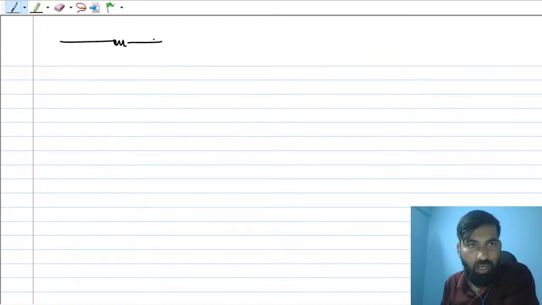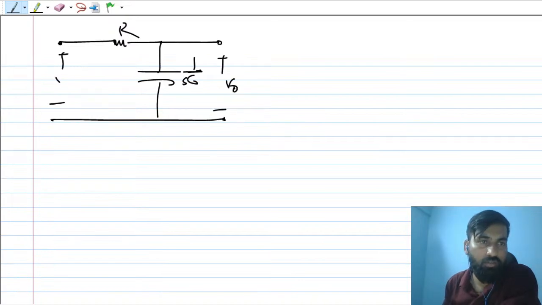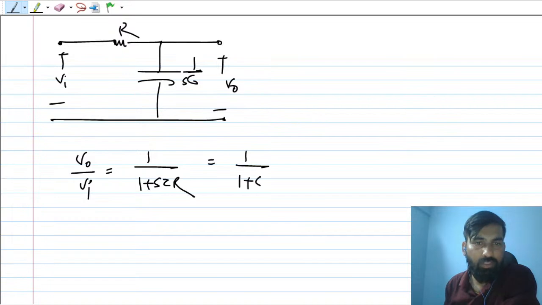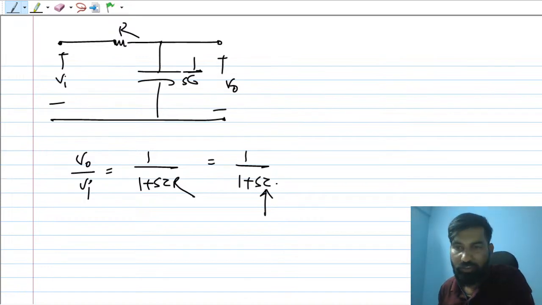This is R and this is C, a standard low pass filter, and it behaves like an integrator. Converting into Laplace transform, C becomes 1 by sC, and this is R. You can write the transfer function directly: 1 by 1 + sRC, which is 1 by 1 + sτ. This τ is basically the time constant, and this transfer function is given in the time constant form.